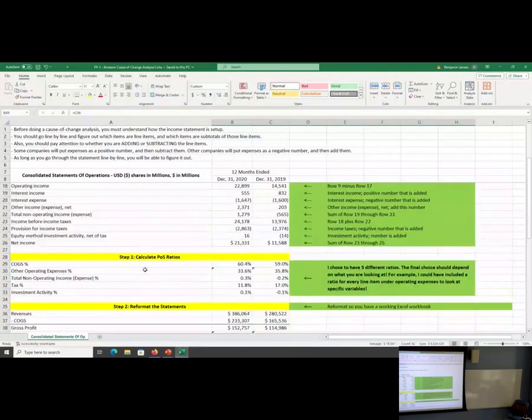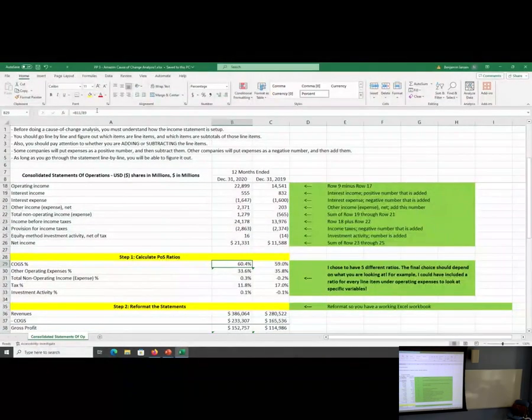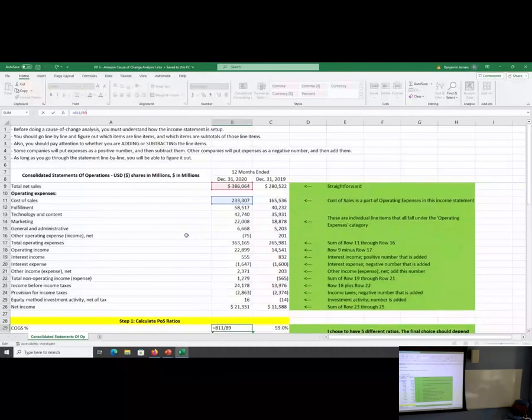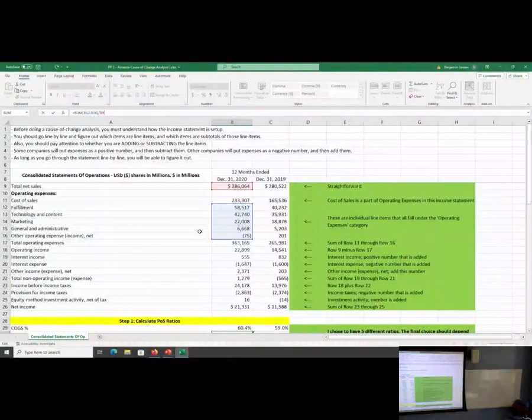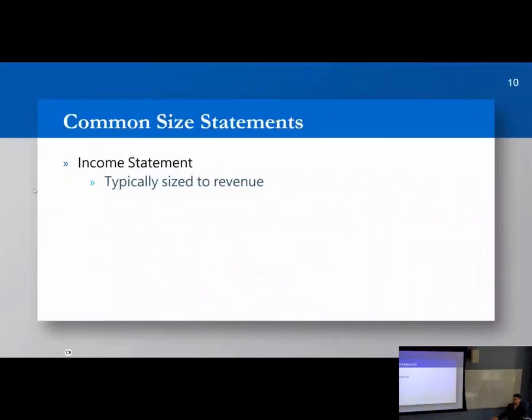When we calculated these percent of sales, we were looking at these inputs as they relate to sales. So cost of goods sold as a relation to sales, other operating expenses as they relate to sales. That's what we're doing with income statements: tying everything back toward revenue.